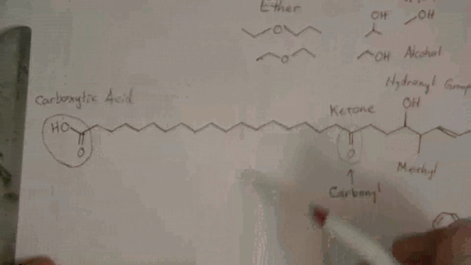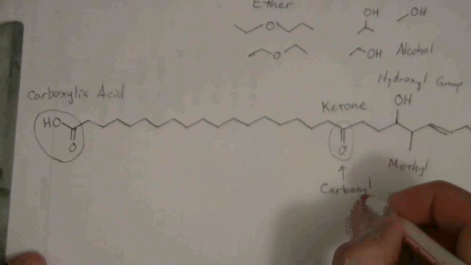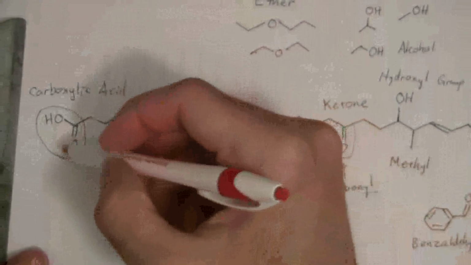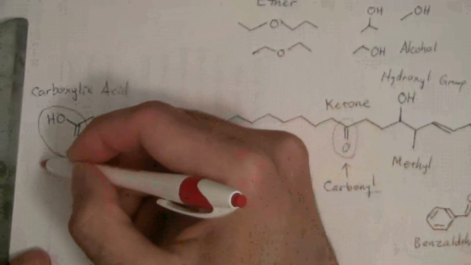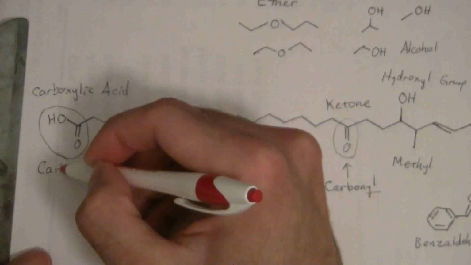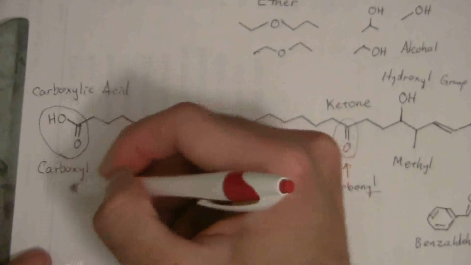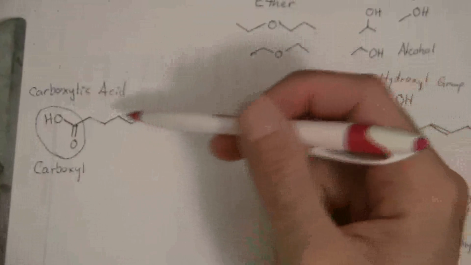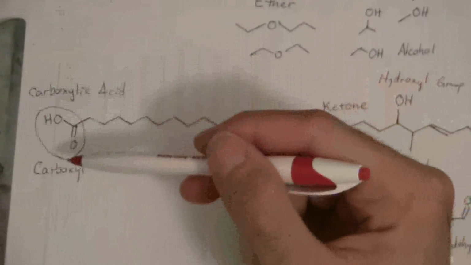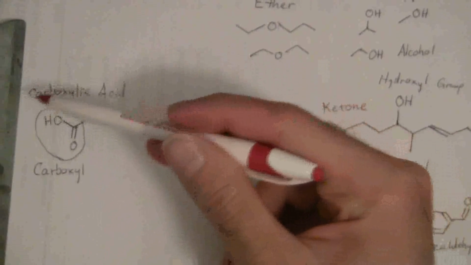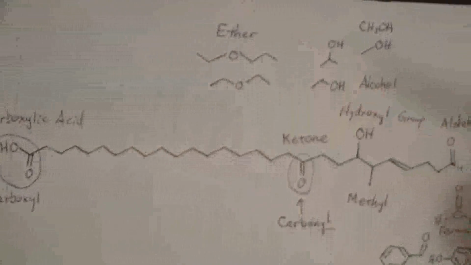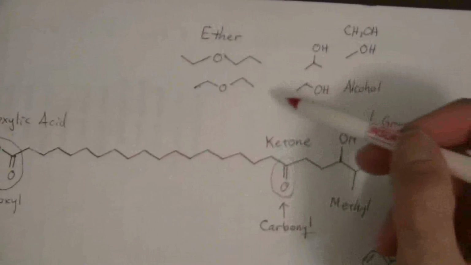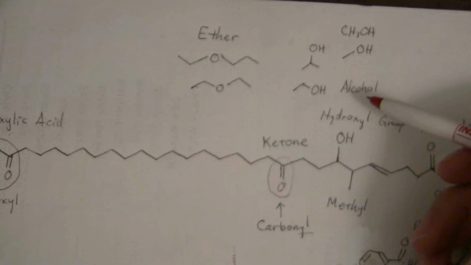So again, you see that YL, very common in the names of the groups. This would be the carboxyl group, and compounds that have the carboxyl group in them are what we call carboxylic acids, just as compounds that have the hydroxyl group are alcohols.